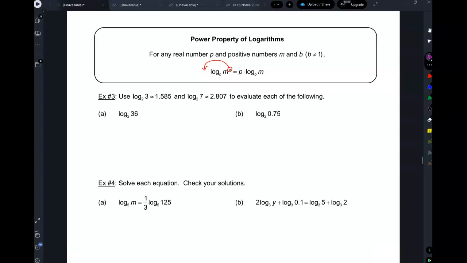Now I have log of 36, which I need to break down, and I need to be able to write it in terms of a 3 and or a 7. Okay? So let's see how 36 gets broken down. 36 is 4 times 9, which is 2 squared and 3 squared, right?